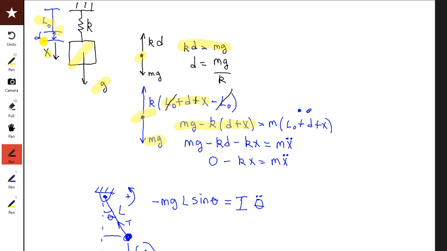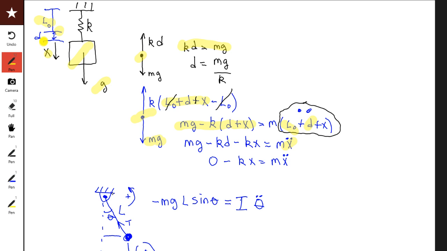And then over here, what I'm trying to show is that I'm taking the second derivative of the motion, right? And so I'm including everything, free length and the whole bit. The point though is that this term L0 and the term d, those are constants, and so when you take derivatives, they're going to disappear, and all you're left with is the second derivative of x.